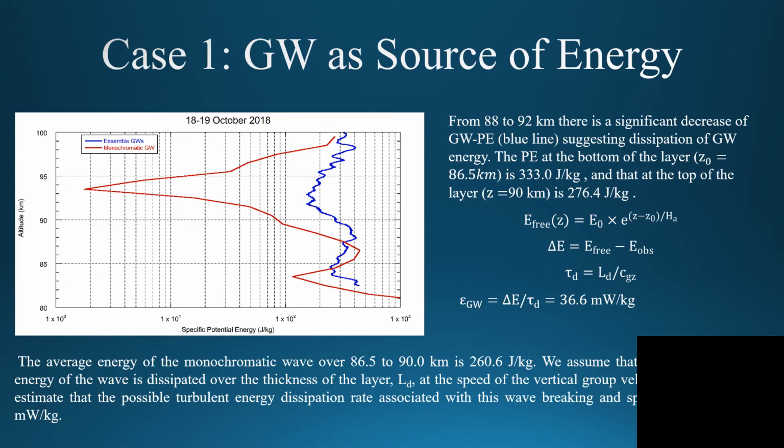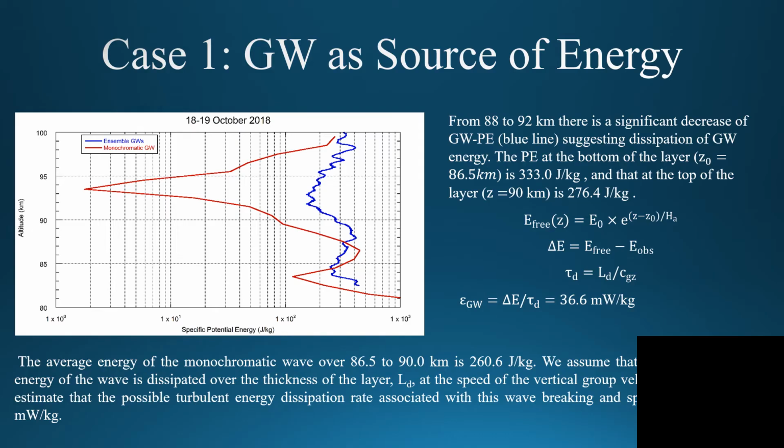So the energy dissipated by the waves can be estimated by the difference between the freely propagating wave and the observed wave. The time scale of the energy dissipation is then estimated by the depth of the layer divided by the vertical group velocity of the waves.